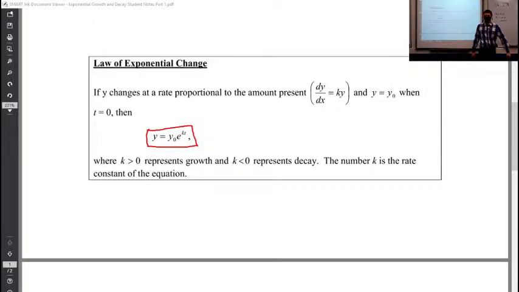y equals y naught times e to the kt. Again, hopefully you know all this information already. But y naught is the initial condition or a starting amount. k is some constant that depends on the rate of growth or decay. And then t is time.